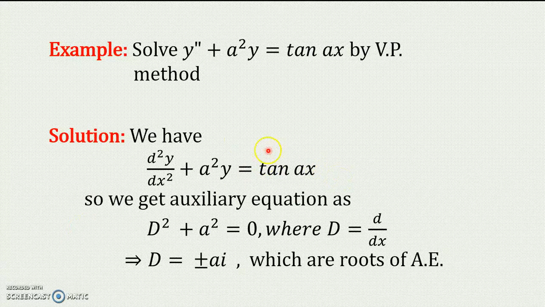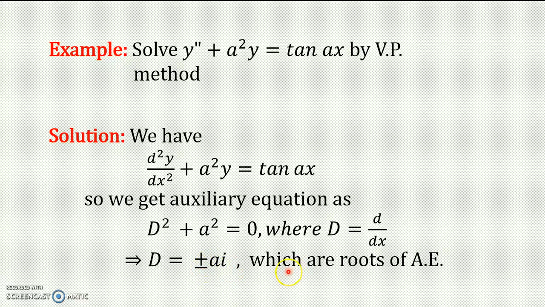By using this equation we can easily find the auxiliary equation, which is D square plus a square is equal to 0, where capital D is the differential operator d by dx. Obviously, when we solve this equation we get two roots, because the order of this differential equation is 2, which are plus minus ai.